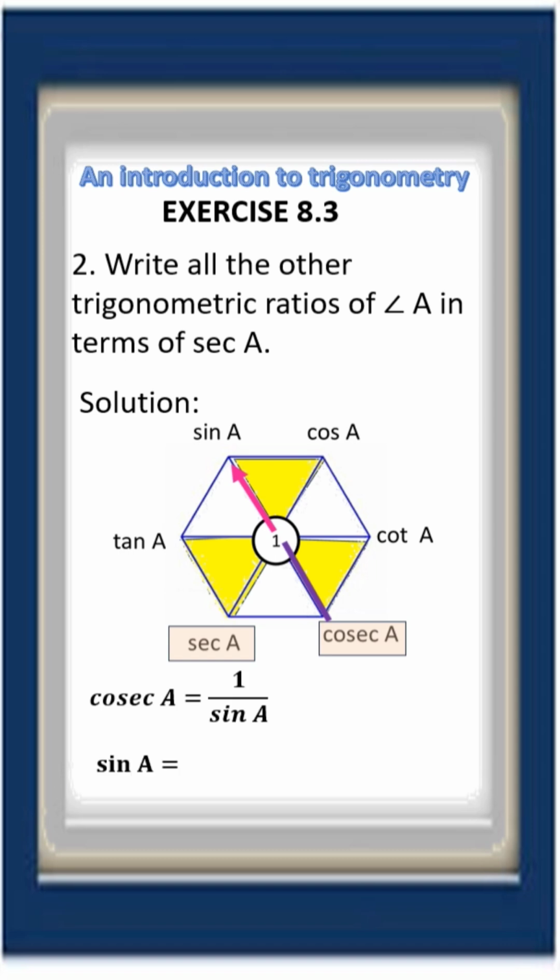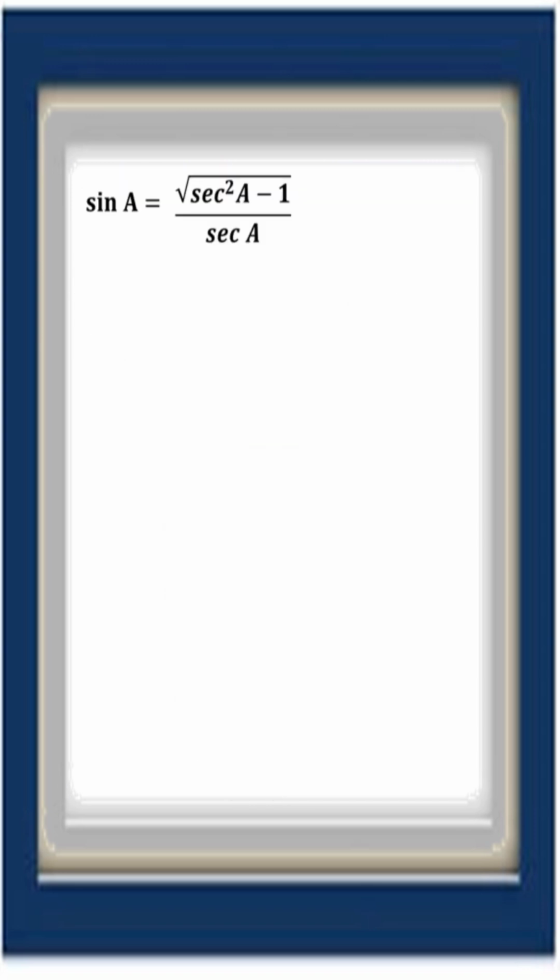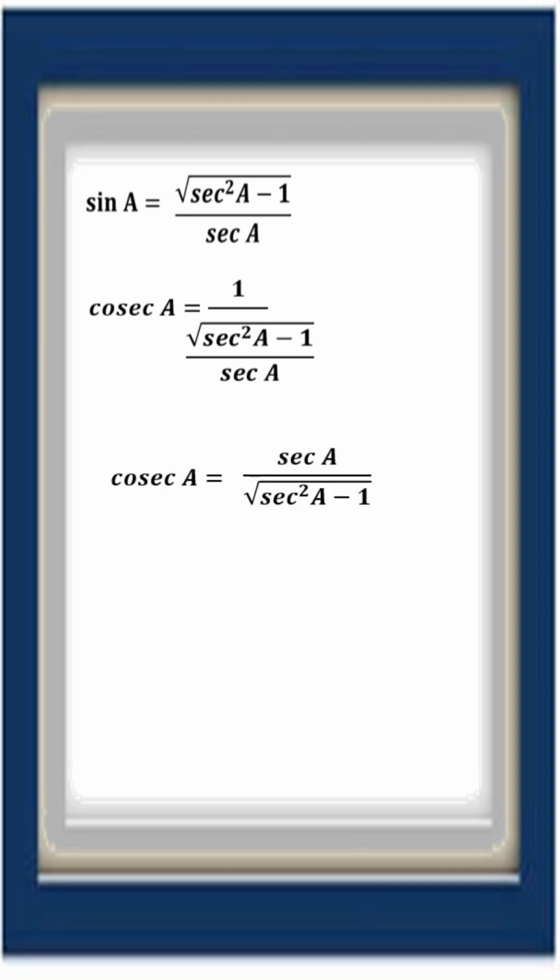Square root of secant square A minus 1 over secant A. So instead of sin A, let us write square root of secant square A minus 1 upon secant A. So cosecant A is equal to secant A upon square root of secant square A minus 1. This is the solution.